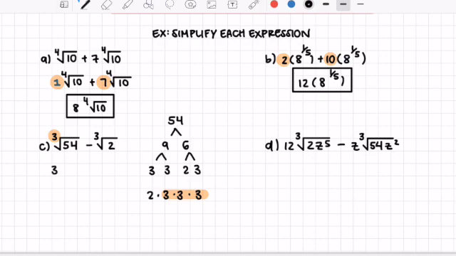So I would get left with 3 cubic root of 2, which is what we wanted. We wanted the 2 on the inside. And so I can combine it again. And just a reminder, if there's no coefficient on the outside, you can always write an imaginary 1 here. So I get 3 minus 1, that equals 2. So I get left with 2 cubic root of 2. Okay.